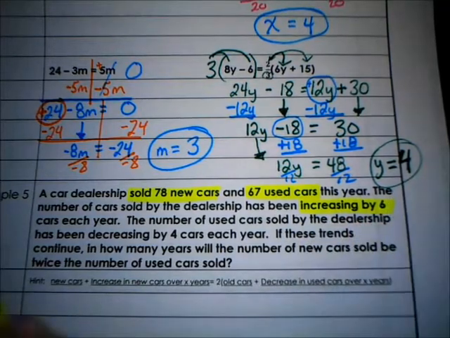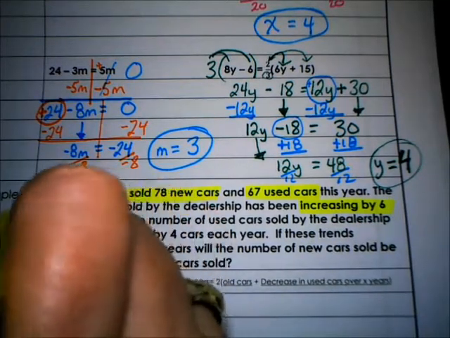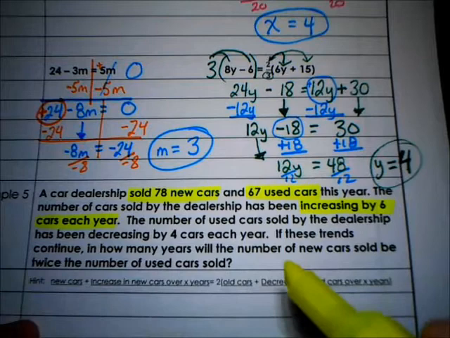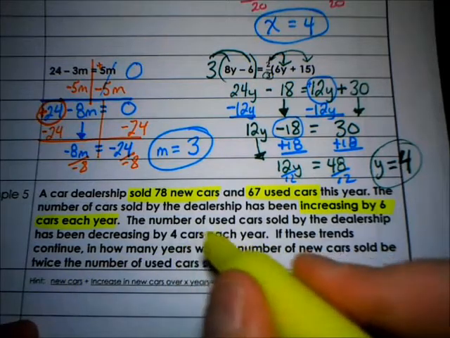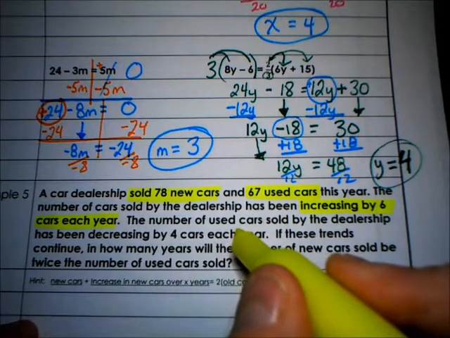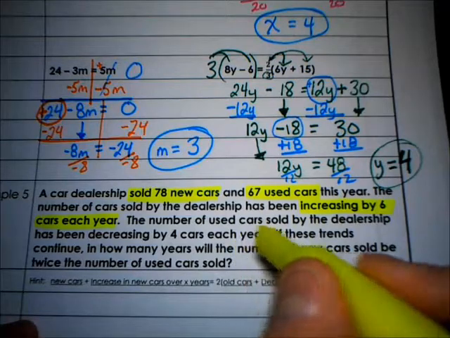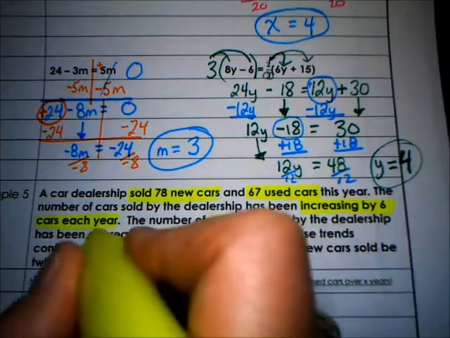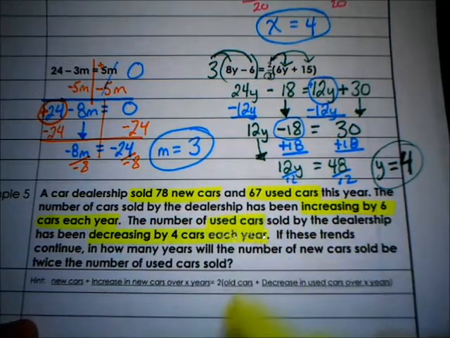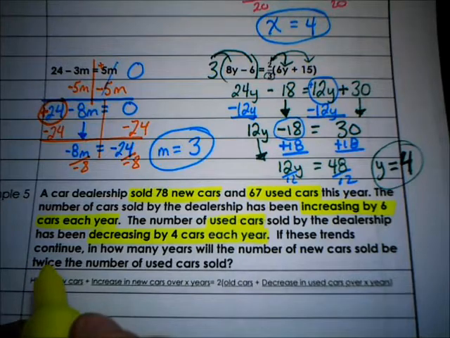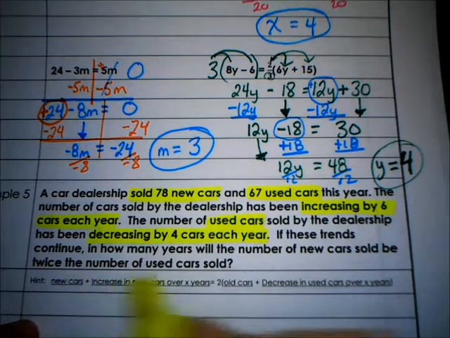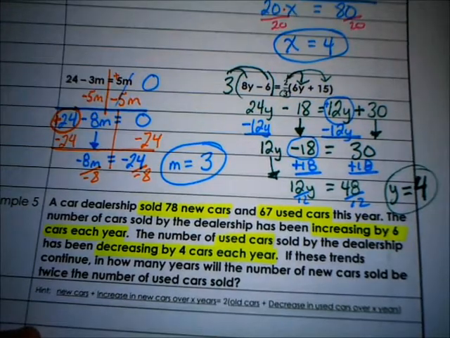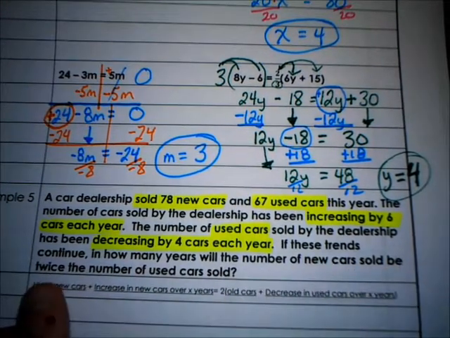The number of used cars sold has decreased by 4 per year. If this trend continues, how long will it take for the new cars to be twice the number of the used cars? Twice the number of the used cars.